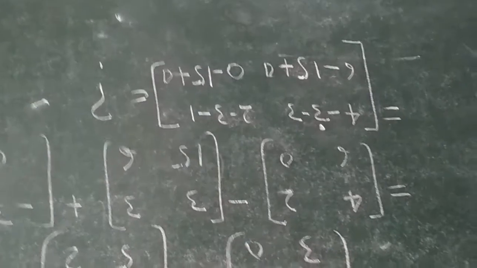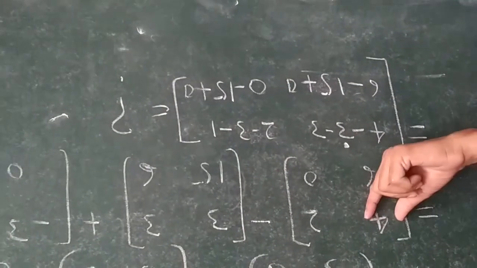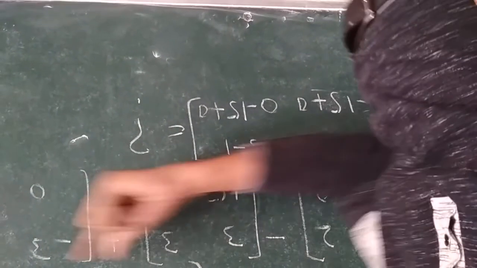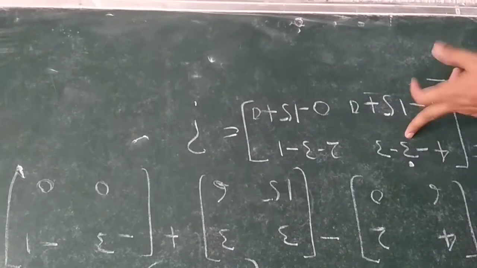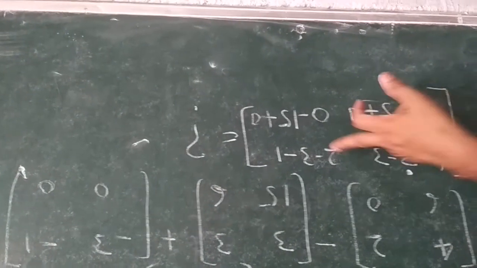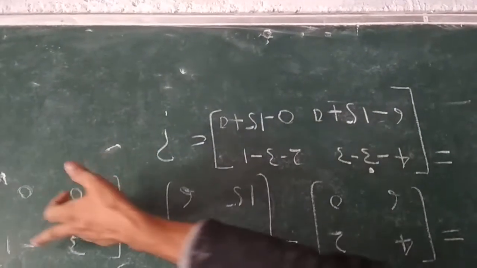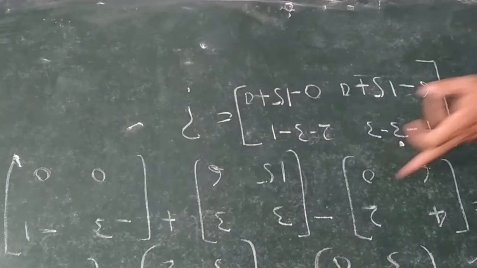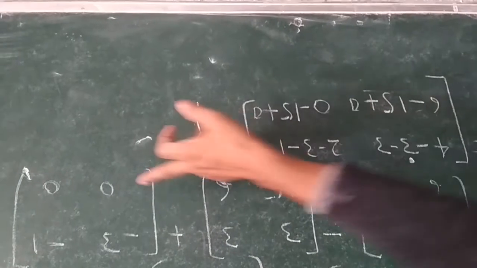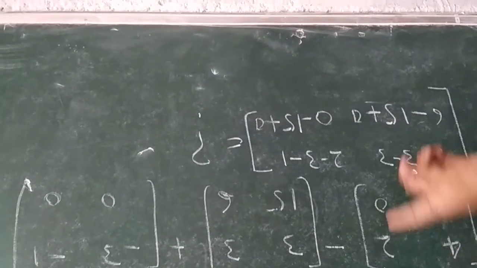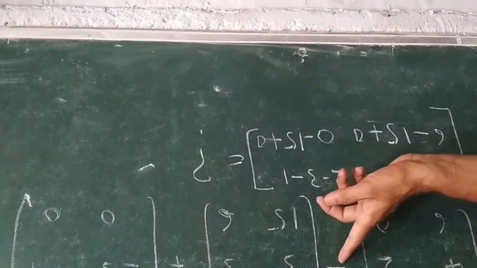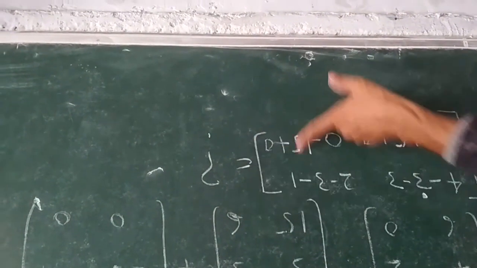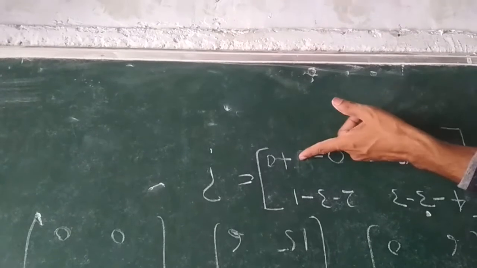Now after this, we have to add all the three matrices. So how can we add? First element of this, first of this, first of this. We have to add. You have to consider the minus sign also. 4 minus 3 minus 3. 2 minus 3 minus 1. 6 minus 15, then plus 0. 0 minus 6, 0 minus 6, 0 minus 6 plus 0.